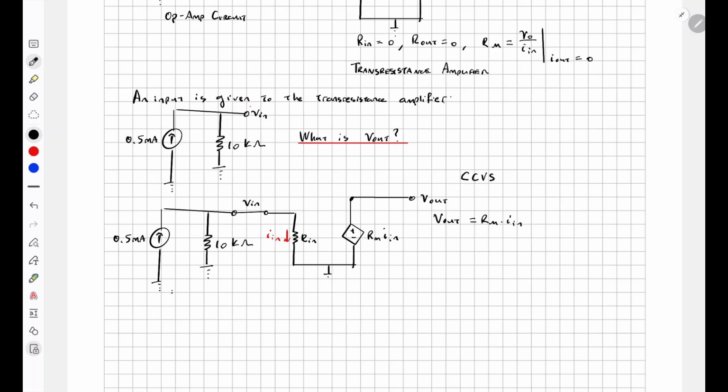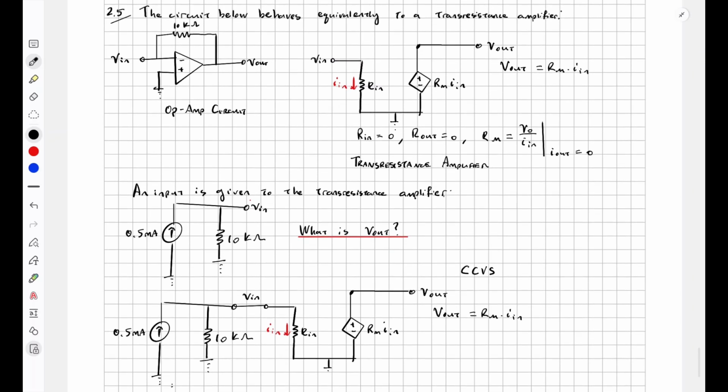The question tells us that we don't have any input resistance, so this op-amp has no input resistance here. So there is a theoretical path that goes to ground. We take advantage of what's called the virtual short circuit. It's important to note that no current actually flows through the op-amp this way, but the open loop gain is so high in the ideal op-amp that the voltage here is equal to the voltage here.